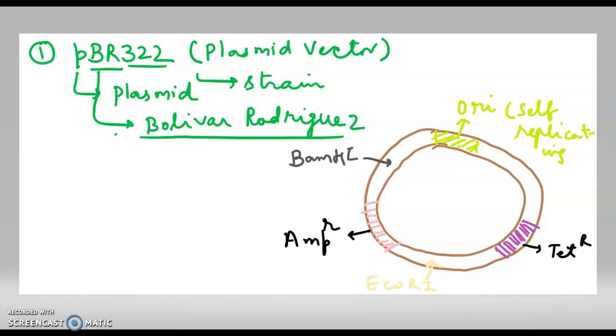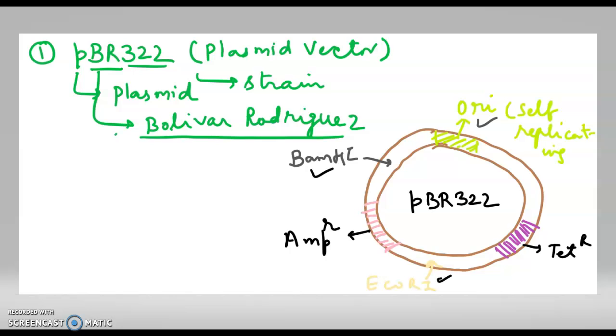So like every vector, it should have essential features: small size, then ori as the origin of replication, then at least one recognition site for restriction enzymes. In pBR322, there are sites for two restriction enzymes, EcoRI and BamHI.